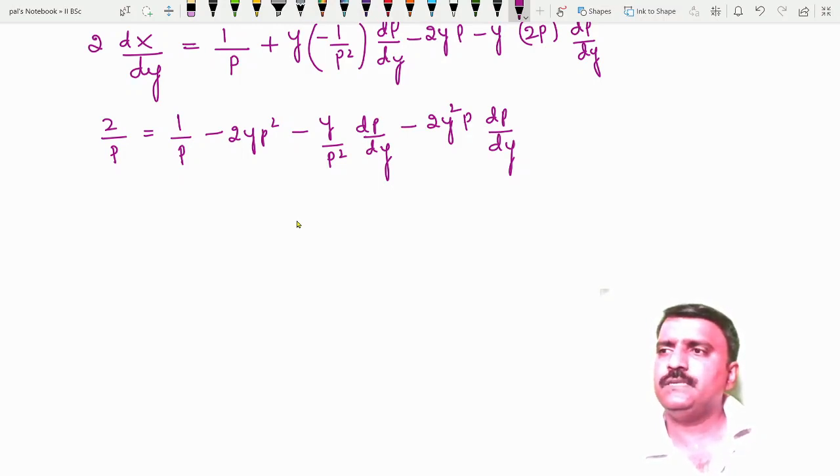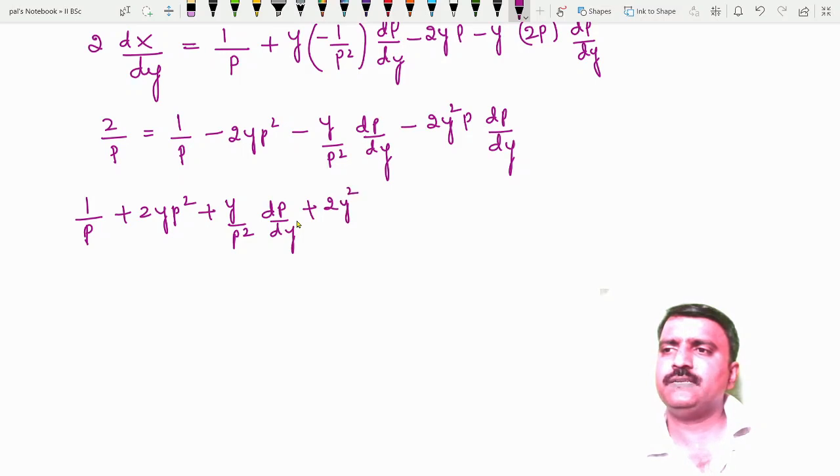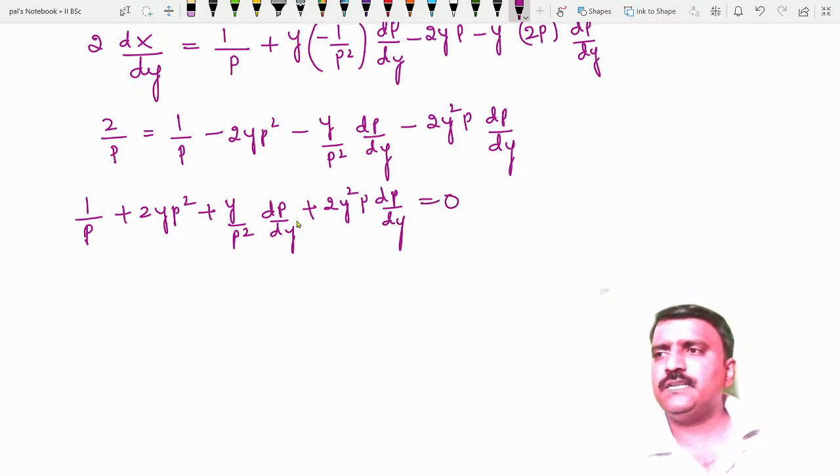So then what happens? 2 by p minus 1 by p is 1 by p, and when it comes to the left hand side, plus 2yp square, plus y by p square into dp by dy, plus 2y square p into dp by dy is equal to 0. Okay, here we shifted all the right hand terms to the left hand side, so the negative sign becomes positive. Here 2 by p minus 1 by p becomes 1 by p.